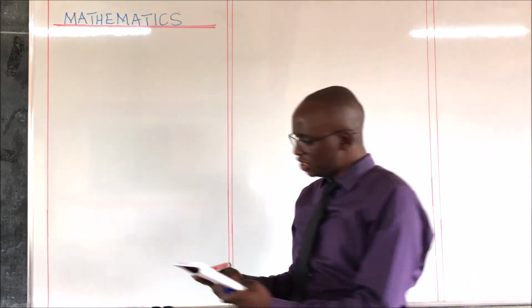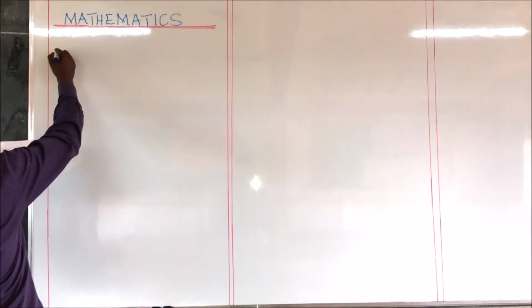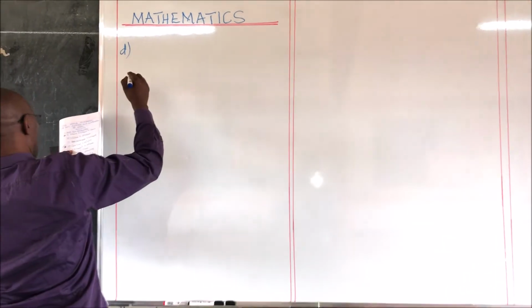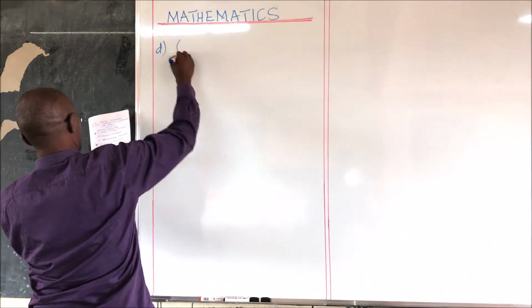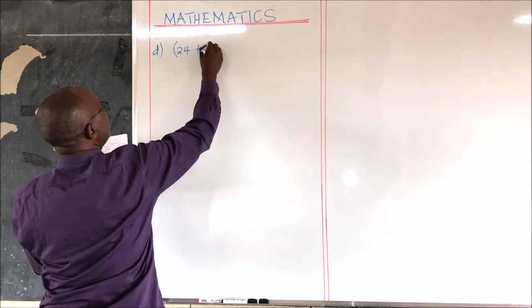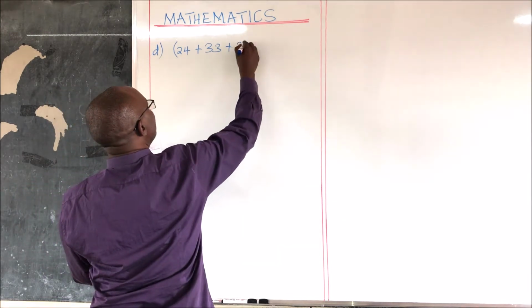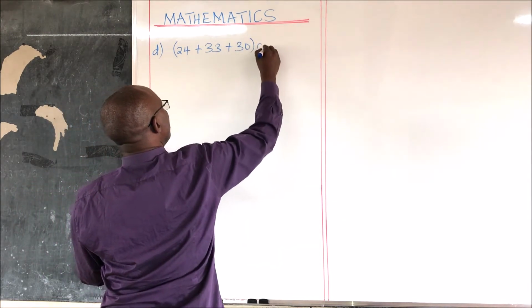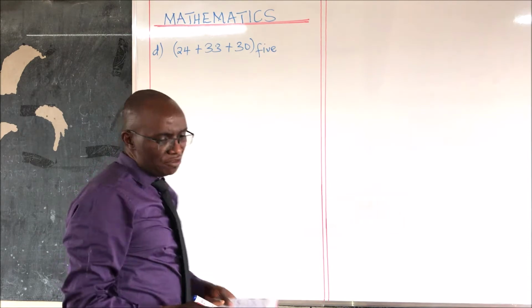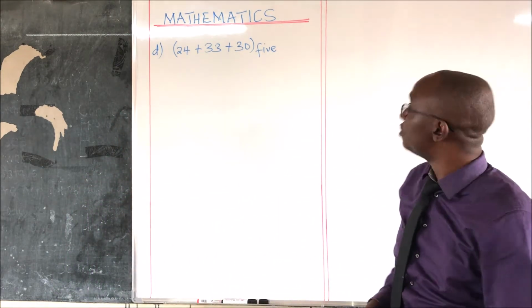The first question I'm going to look at was D, and it was 24 plus 33 plus 30, base 5. Now remember, it involved brackets. Some of you may get confused and say, what should I do here?